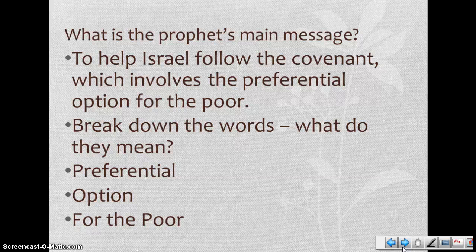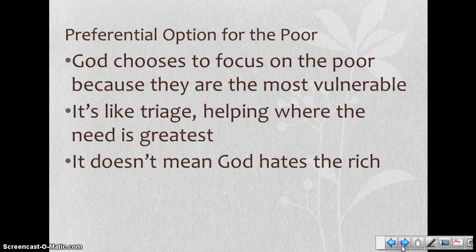Option implies that there's more than one choice. For the poor tells us the choice that is being made out of preference. Now, this involves a little bit of explanation. God chooses to focus on the poor because they are the most vulnerable.